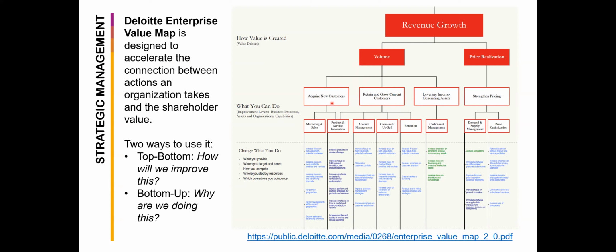From the acquiring new customers perspective, they can work on marketing and sales or product and service innovation, and these are the things that they can review and change to help improve their process of acquiring new customers. Or if they are looking at retaining and growing their current customers, they could be looking at account management, cross-selling activities, or specific retention activities.